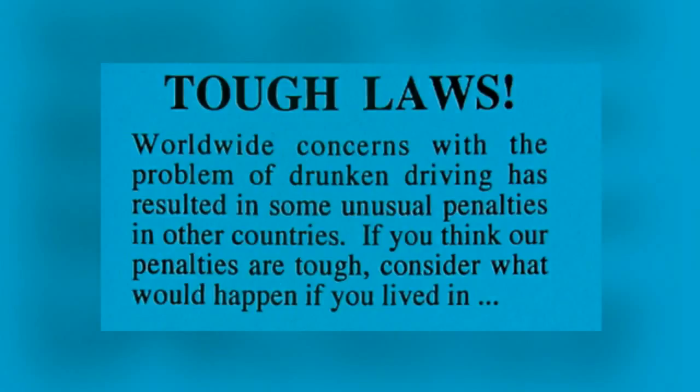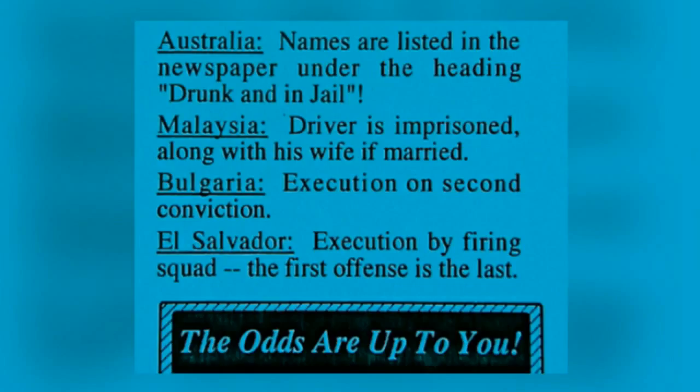Would such tough laws as identified in picture number 10-13 really work? Perhaps. Tough laws. Worldwide concerns with the problem of drunken driving has resulted in some unusual penalties in other countries. If you think our penalties are tough, consider what would happen if you lived in Australia.